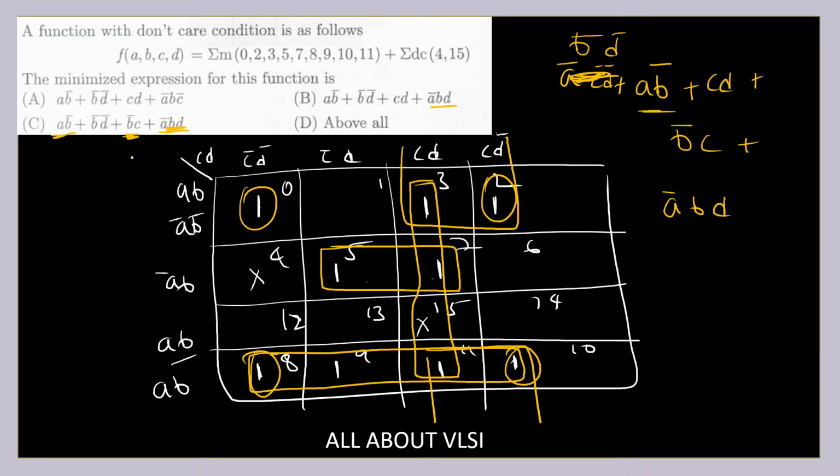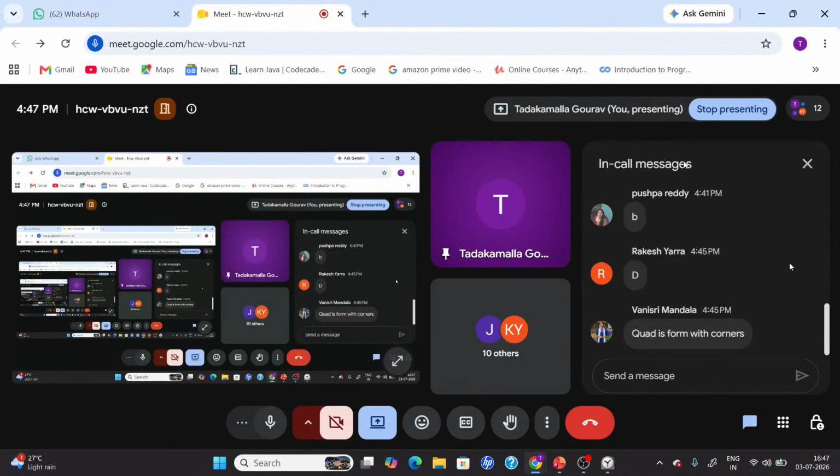So B bar D bar, A B bar, CD plus A bar B C. Yeah, that is what I've done.